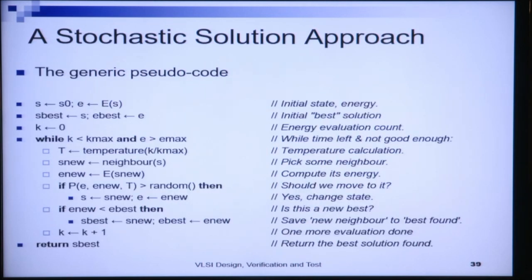So as we said, we always accept a new solution that is better than the current solution. We accept a worse solution with a probability, and this probability reduces as temperature reduces. When the temperature is initially very high, the probability of accepting a worse solution is higher than when I slowly reduce the temperature. If the new solution is better than the best solution that I have, I update the best solution and then go to the next iteration.